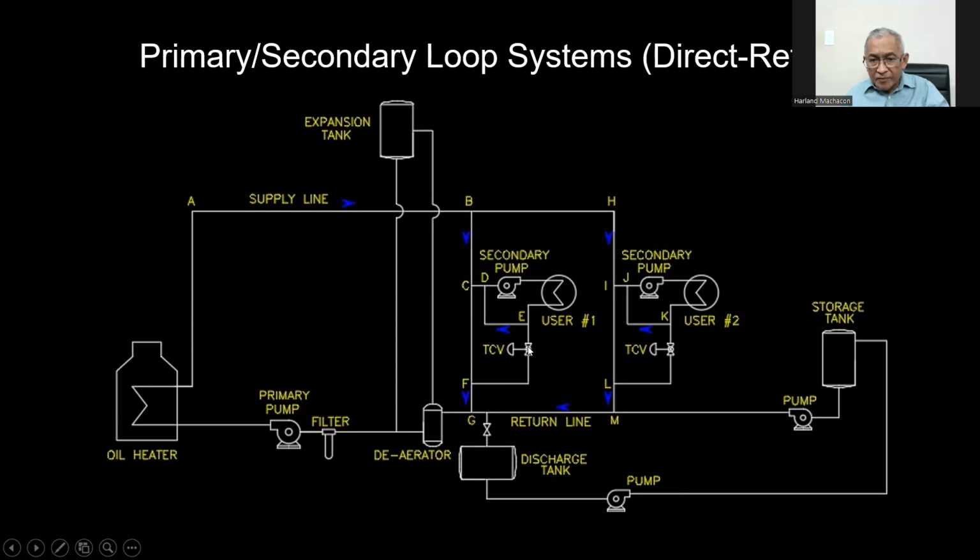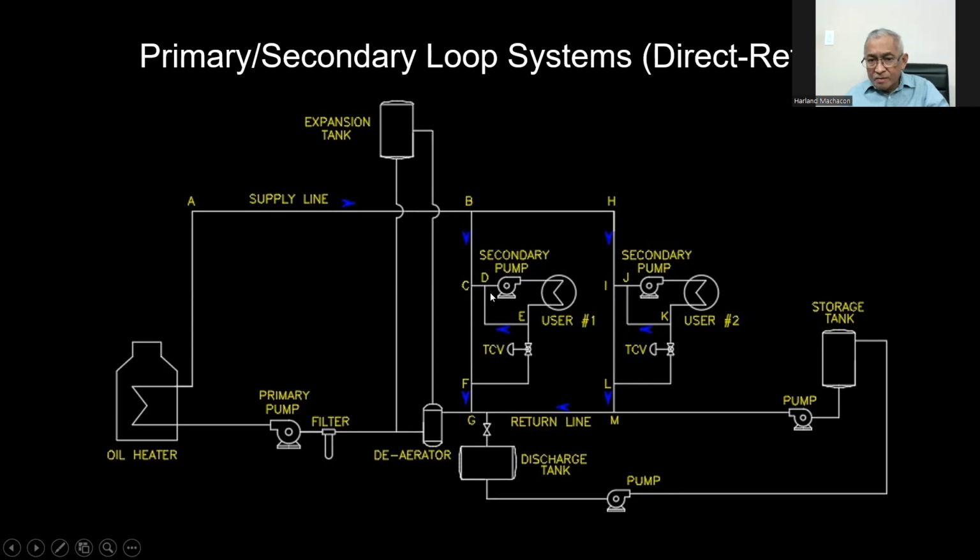So if we need hot oil, what happens is purely we have the hot oil coming from here going into your pump. So 100% of the oil going to the pump comes from the supply line coming from the oil heater.